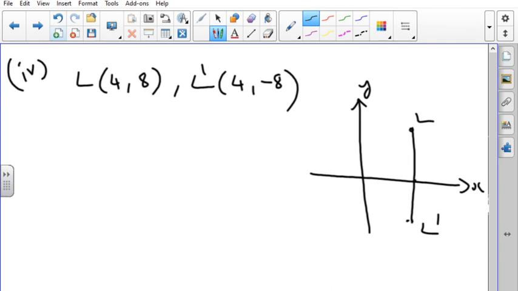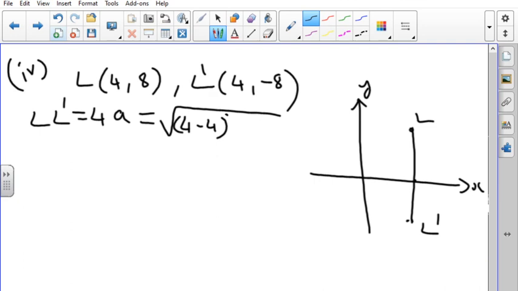So we know that it passes through the focus, and here L L dash is nothing but 4a, that is, the length of the latus rectum is 4a. So it is root of 4 minus 4 the whole square plus 8 the whole square, which is equal to root of 16 square, which is 16.